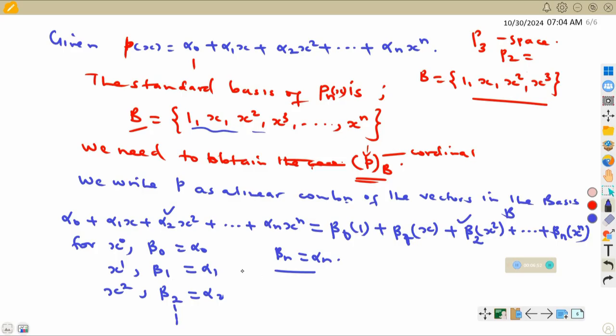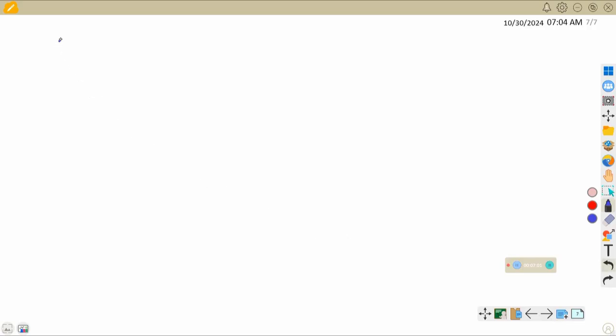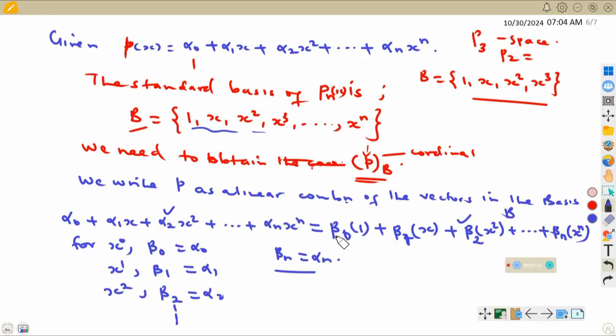So clearly we have obtained our scalars beta naught, beta 1, beta 2, up to beta n. It implies the coordinate vector of P relative to the standard basis B will be of the form beta naught, beta 1, beta 2, up to beta n.